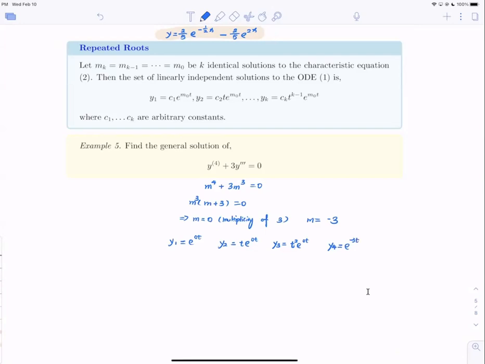So in this case, the general solution is going to be y equals c1 plus c2 t plus c3 t squared plus c4 e to the negative 3t.